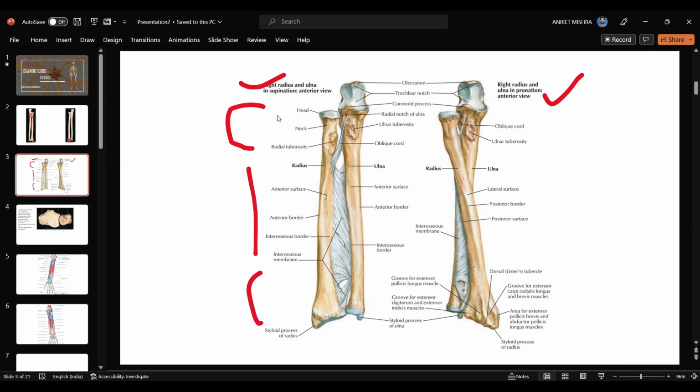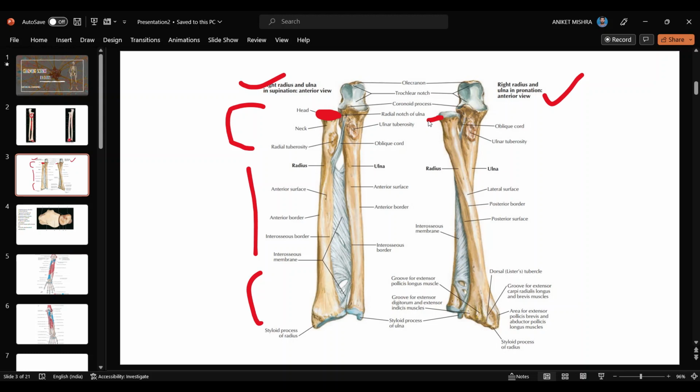When we look at the superior side, we see a disc-shaped structure that is covered with hyaline cartilage. This is the hyaline cartilage present on the head.